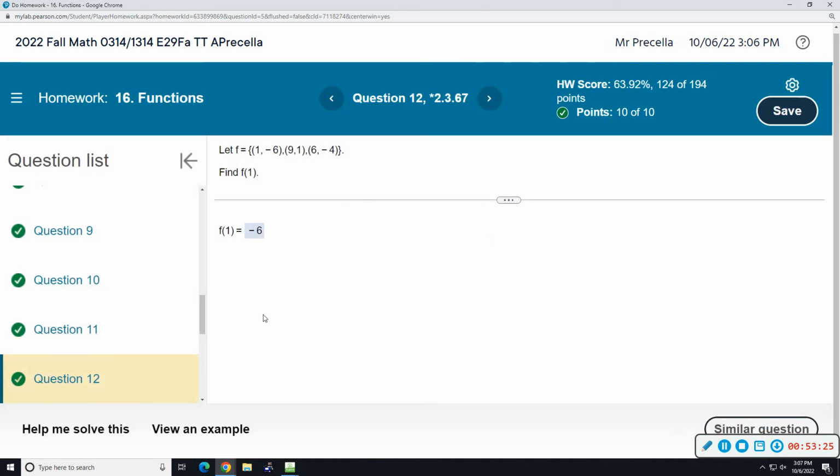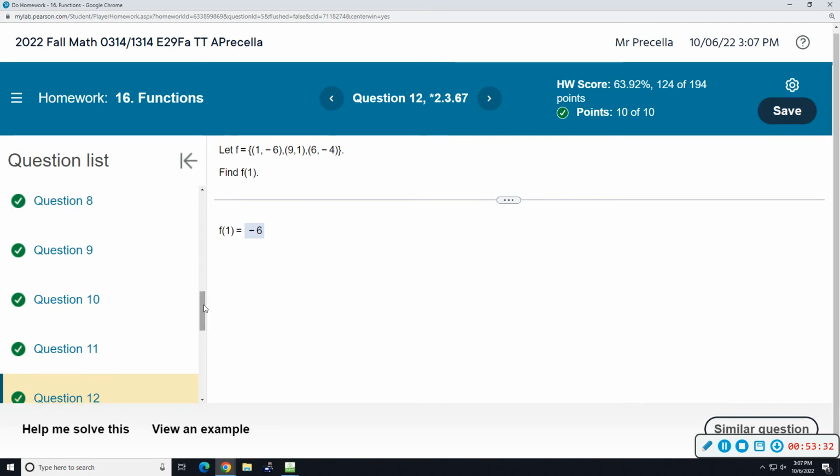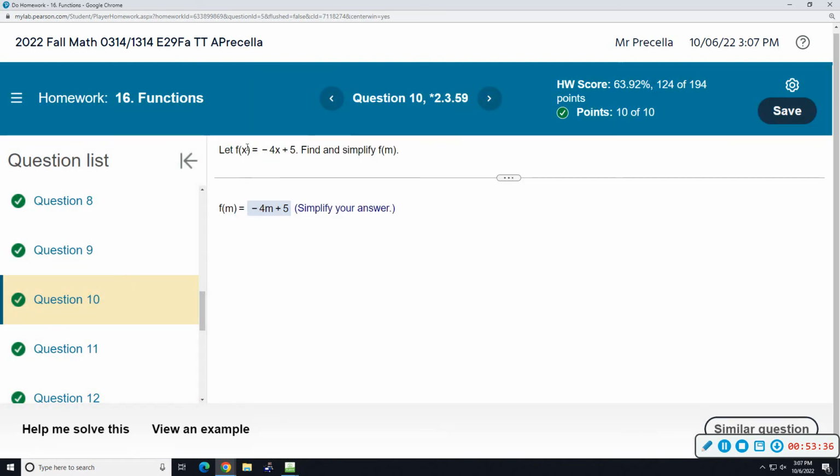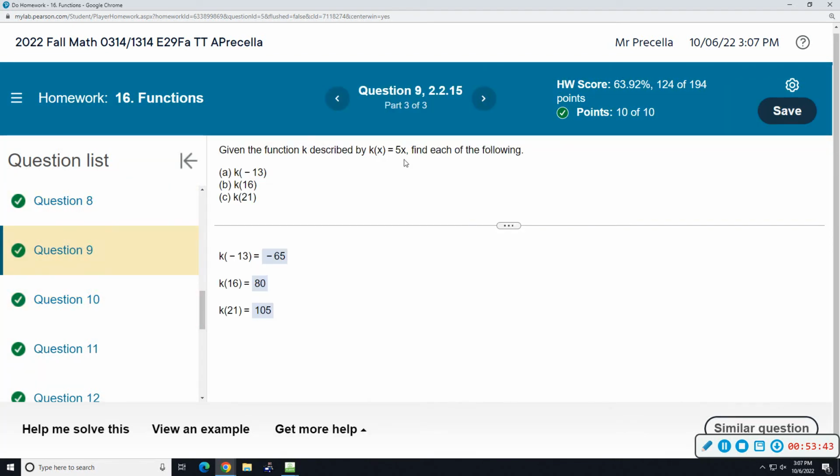So there's another way that we can write functions. You can have them as ordered pairs, or they might be written as little formulas or equations, whatever you want to call them. Up here, that little function, that little formula there.